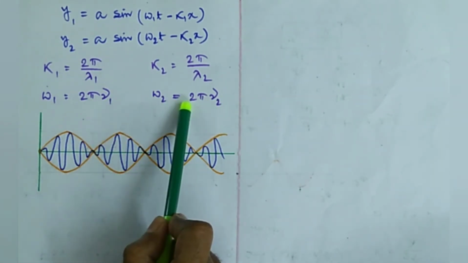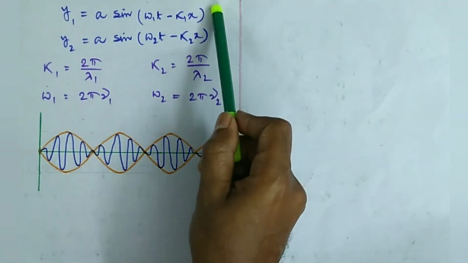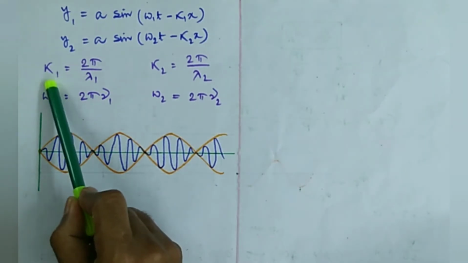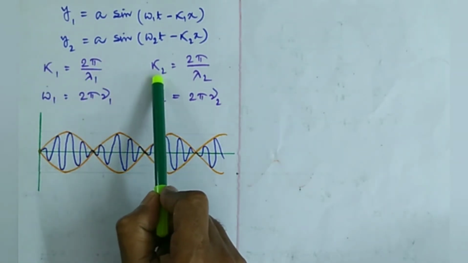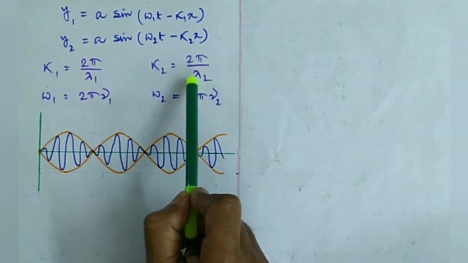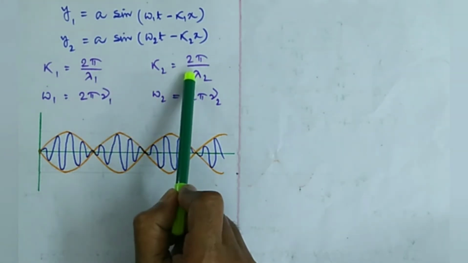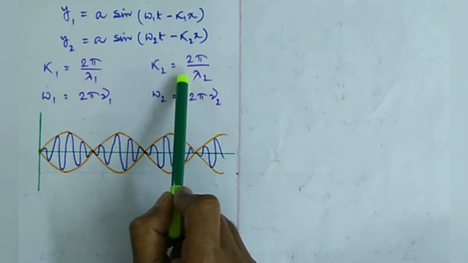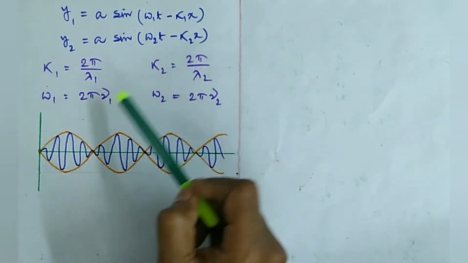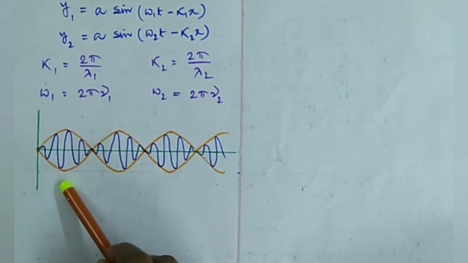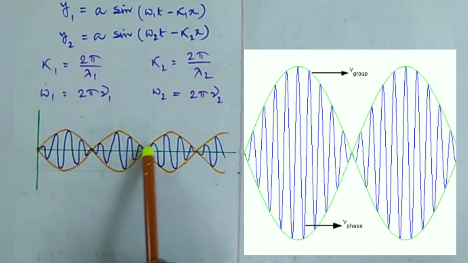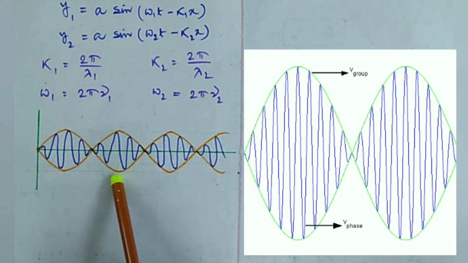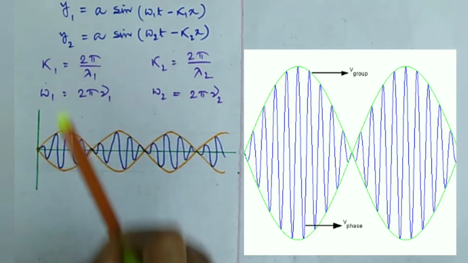These are the circular frequencies of the two waves, and k1 equal to 2 pi by lambda 1 and k2 equal to 2 pi by lambda 2. These are the magnitudes of the wave propagation vectors of the two waves. Now imagine the graphical representation of the group of waves or wave packet containing these waves.